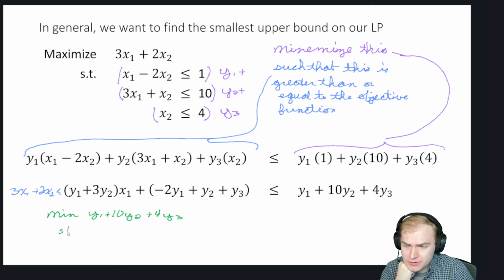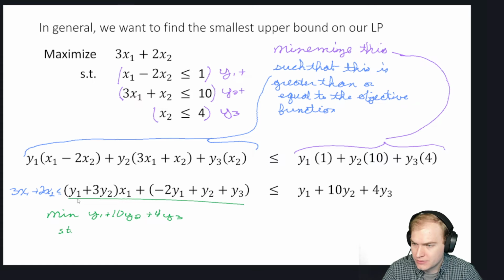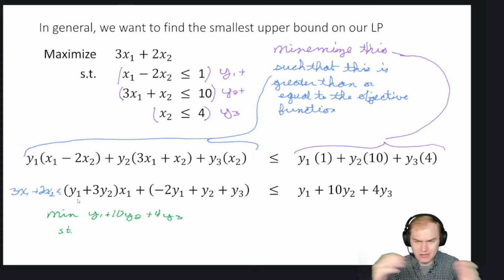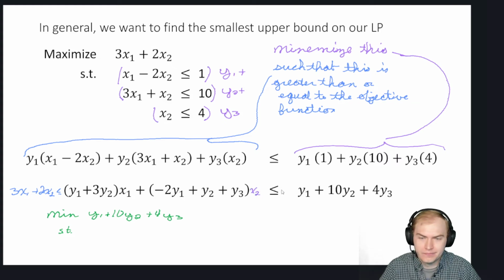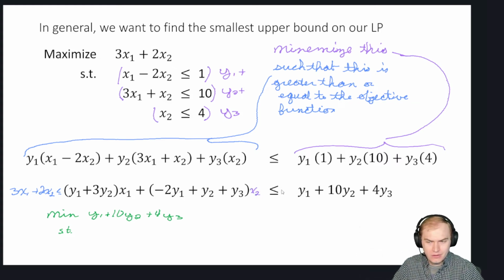And our constraints were such that this value was less than or equal to 3x1, 2x2. Oh, there should be an x2 here. We can't compare unlike terms, so we can't compare x1 to x2.